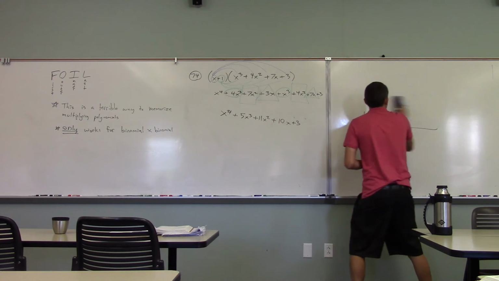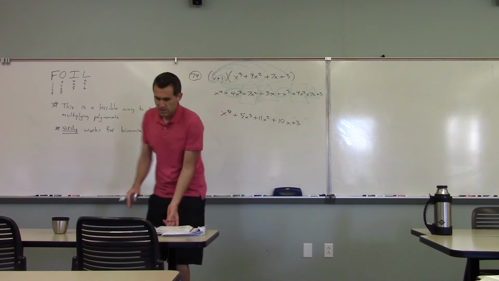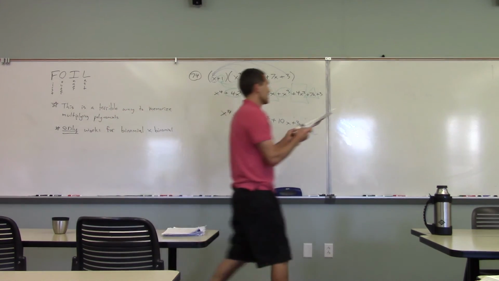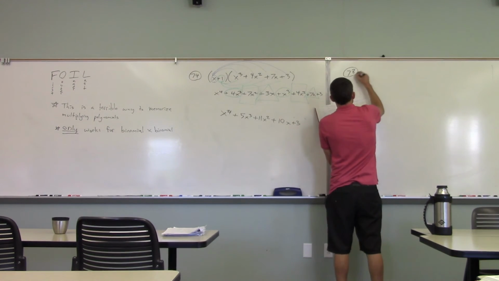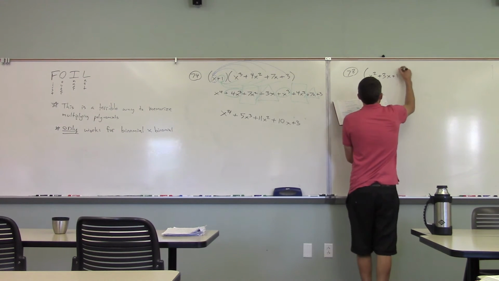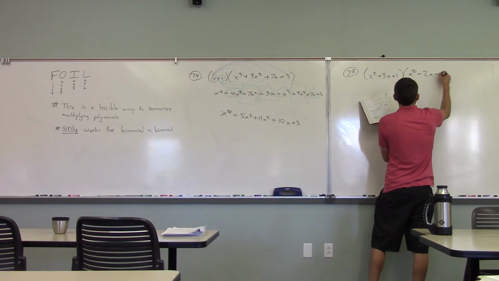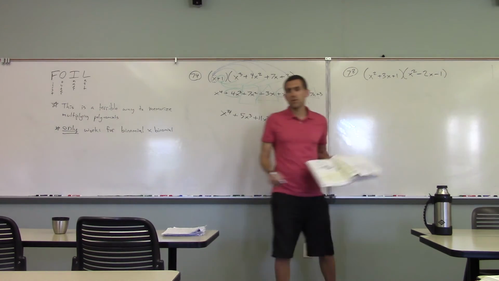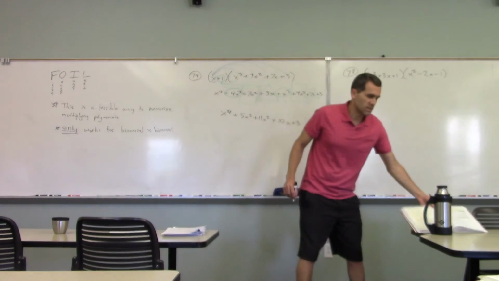I'll have you do it on your papers. On 78, what if we now have 3 of them times 3 of them, so we have 9 possible terms. Why don't you do that on your paper, then we'll do it together, and then we'll do 5.3.